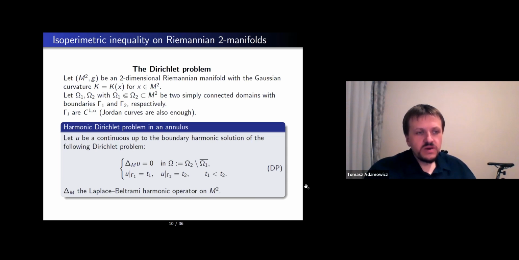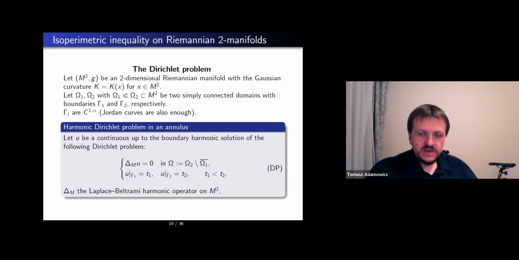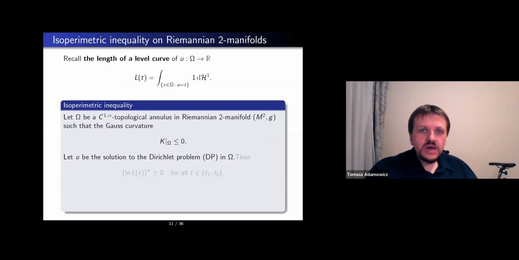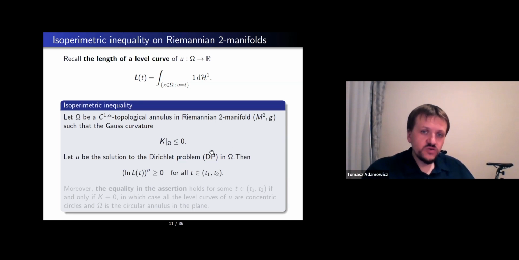So this is a problem analogous to the one studied by Alexandrini and Longinetti. Then we use the same notation to denote the length of a level curve, L of t. And the result that we proved with Giona Veronelli is the following. If omega is a C^{1,alpha} topological annulus in a Riemannian 2-manifold with Gaussian curvature on the annulus less than or equal to 0, then for a solution to the above stated Dirichlet problem, the following inequality holds for all t between t1 and t2.